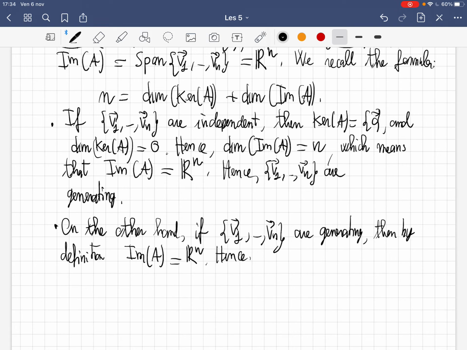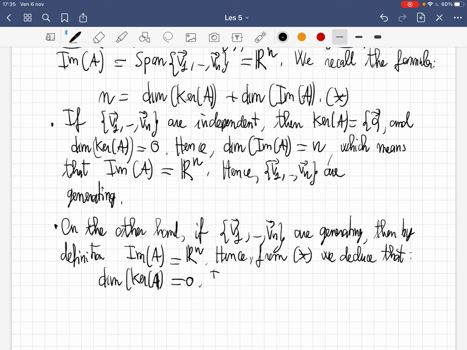Hence, from this, we deduce that the dimension of the kernel of A is equal to 0.